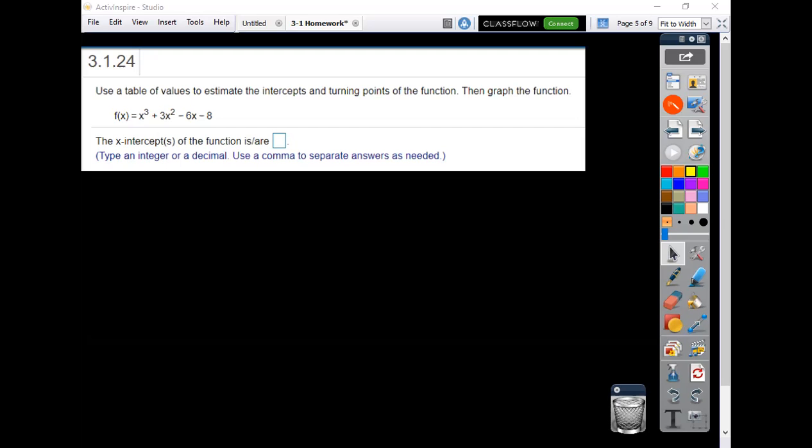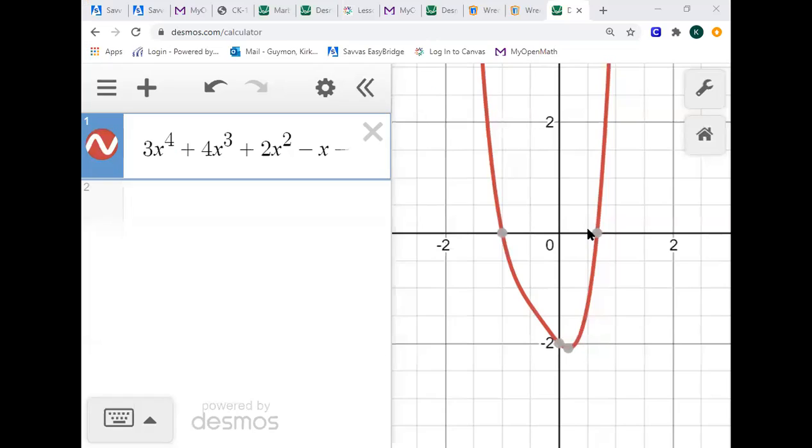So let me find my Desmos for you. So here's my Desmos. Let me clear out that other equation that I had in here. Computer's being really slow.